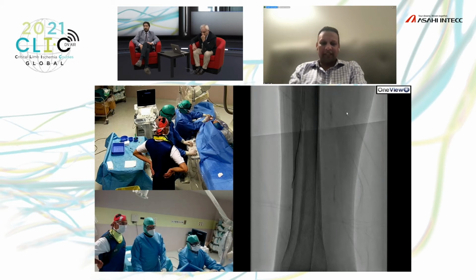I'm curious whether you change to a longer microcatheter or a balloon when tackling this distal CTO into the foot. No, I try to support the catheter, because this support catheter was short, was 65.